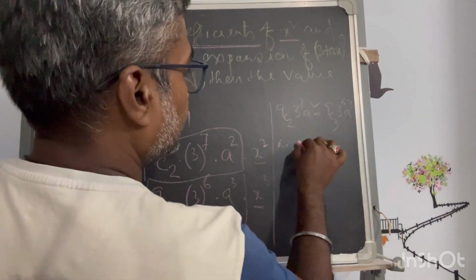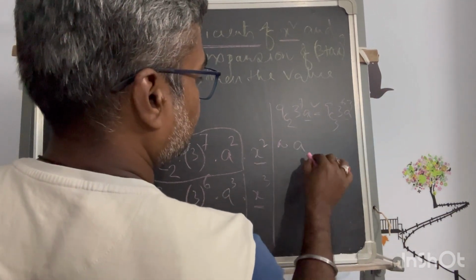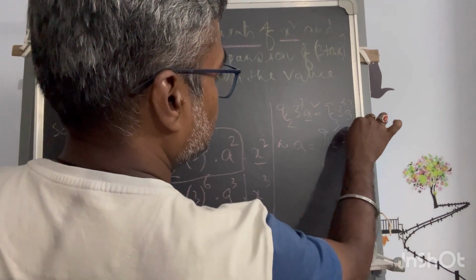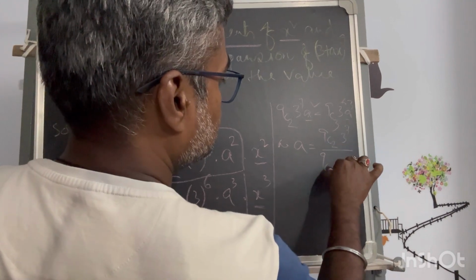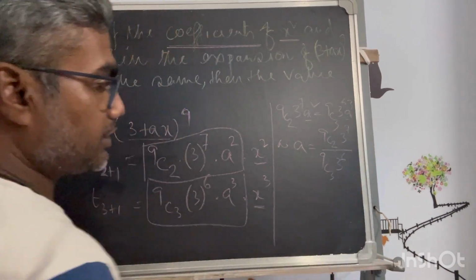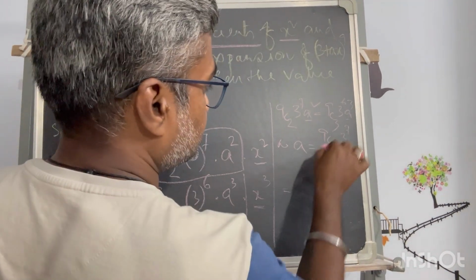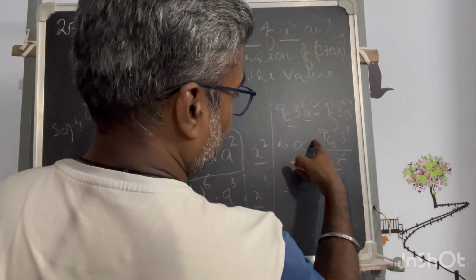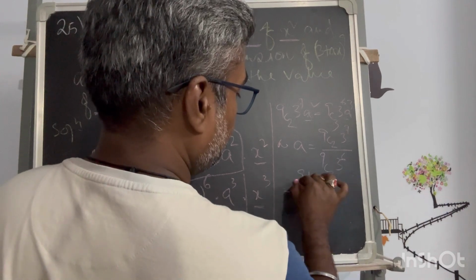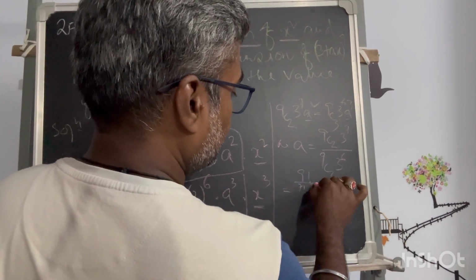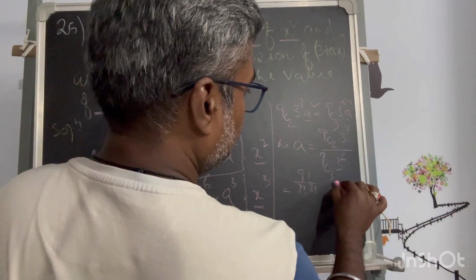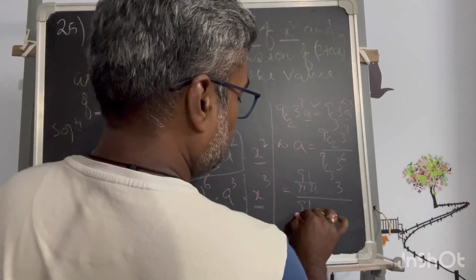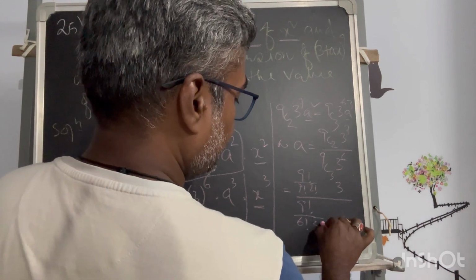Now we can take a to one side, so a will be 9C2 times 3 to the power 7 divided by 9C3 times 3 to the power 6. This will be the answer. Now you can further reduce 9C2 and 9C3: 9 factorial over 7 factorial 2 factorial, and 3 comes at the top in the numerator, over 9 factorial over 6 factorial 3 factorial.